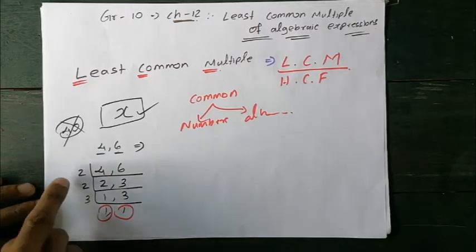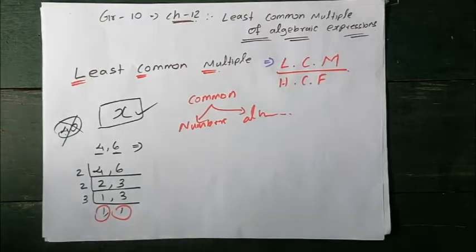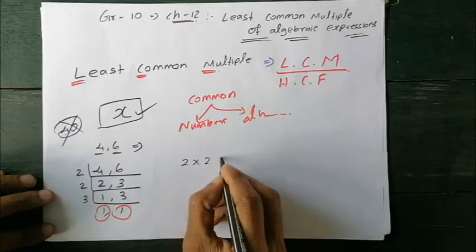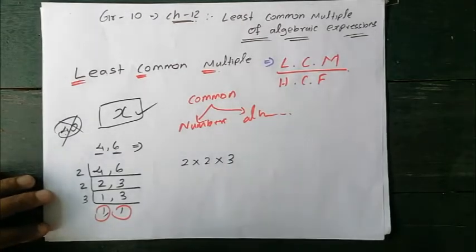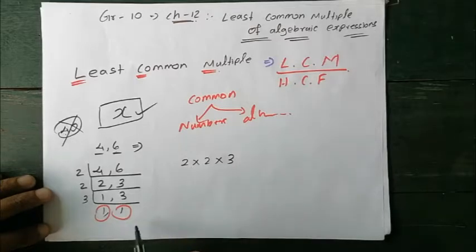So with the values from the division, we take those values: 2 into 2 into 3. We write it as a multiplication.